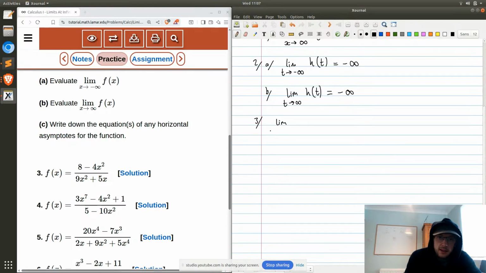So I say that the limit as x approaches negative infinity of f of x, in this case, we just really need to pay attention to the negative 4x squared over 9x squared terms, as these other two will become irrelevant.